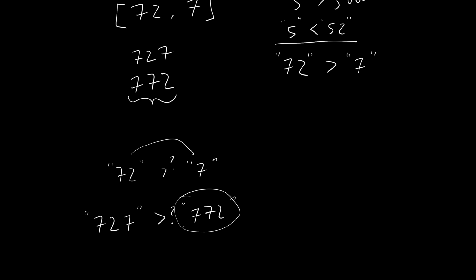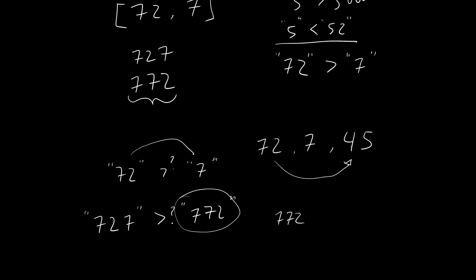And you know that if this is correct, then once you compare the other ones, for example, if we have multiple numbers like 72, 7, and like 4, for example, or 45, then this guy, the string, is technically bigger than this string, but if we do the combination 727, is that bigger than 772? No, it's not. So now we have 772 as the biggest, but then we can also compare with these guys.